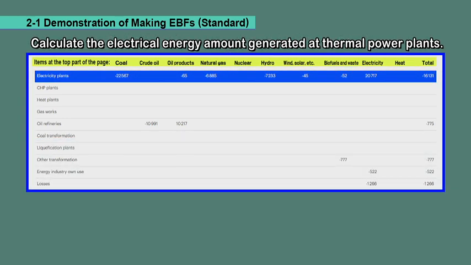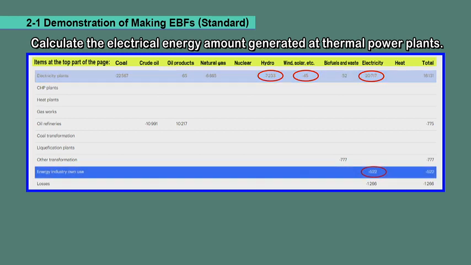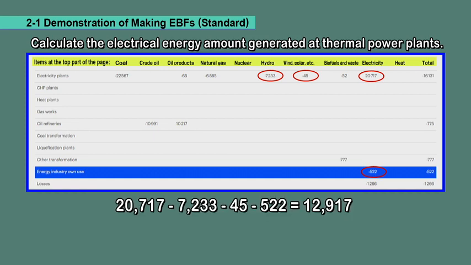A calculation check can be performed now. Electricity output from power plants in the IEA table is 20,717. Subtract electricity from hydro, wind, solar, etc., which will leave only electricity input to thermal power plants. Also subtract the energy industry own use value, the electricity consumed by power plants.